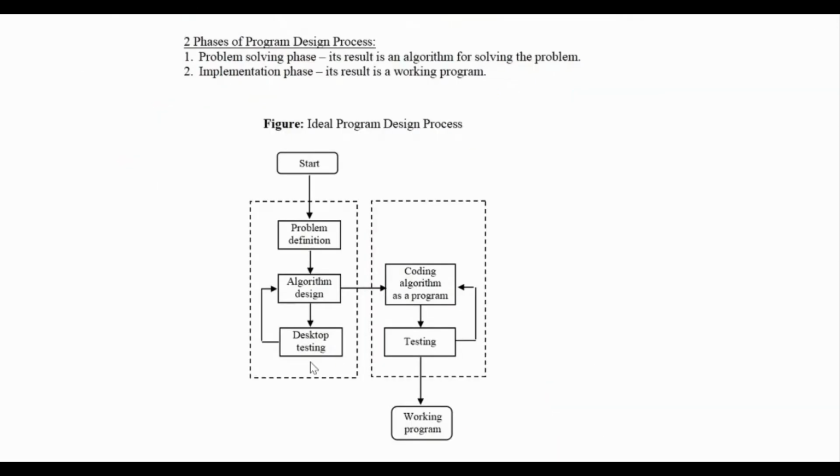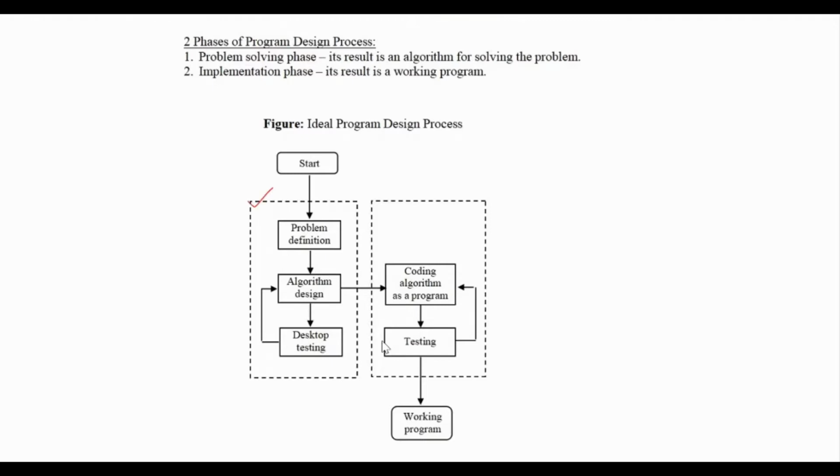The ideal program design process involves two phases. The first phase is called the problem-solving phase, and its result is a working algorithm for solving the problem. This problem-solving phase is represented in the figure as the left broken box.